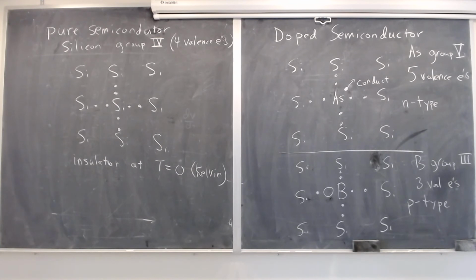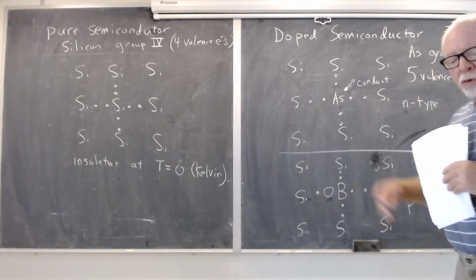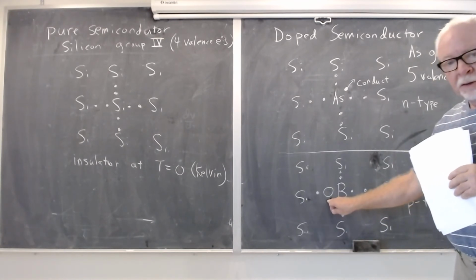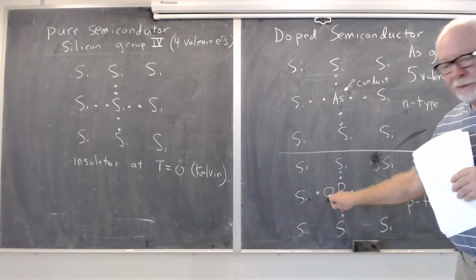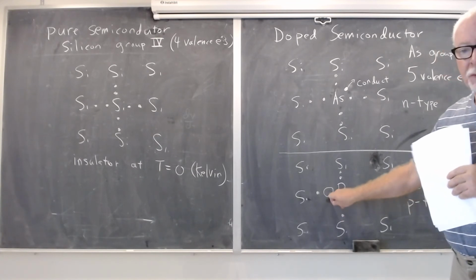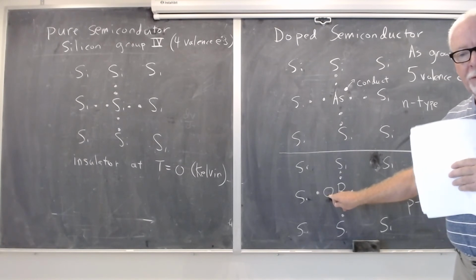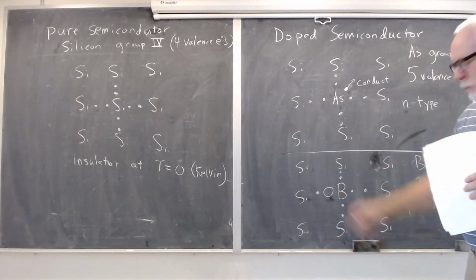Formally, you can write F equals ma, like we did in the first lecture, for that missing electron as if it were a particle, positively charged, now having mass. Even though there's nothing there.